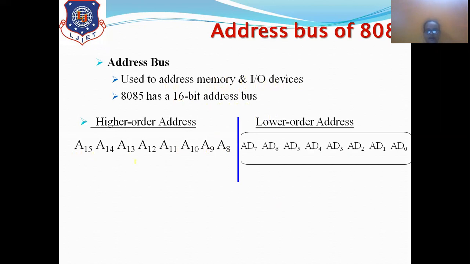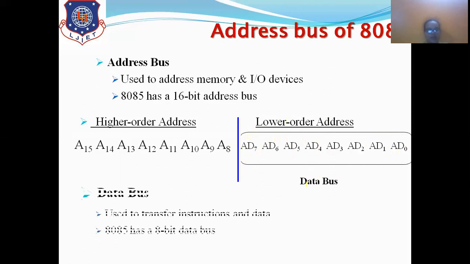And here is the lower order address bus, which is multiplexed with the data bus, that is AD0 to AD7, right? So this is the higher order and lower order address bus through which the address can be carried from the processor to the memory. Clear? Now, what does the data bus do? It is used to transfer instructions and data from memory to CPU and CPU to memory. Clear? And it is an 8-bit data bus, that is from D0 to D7.